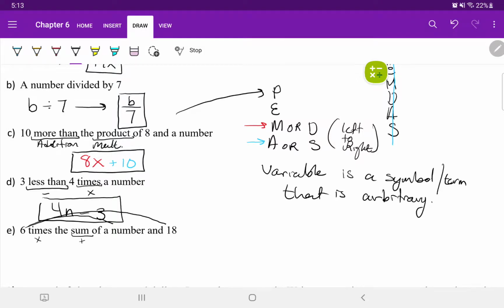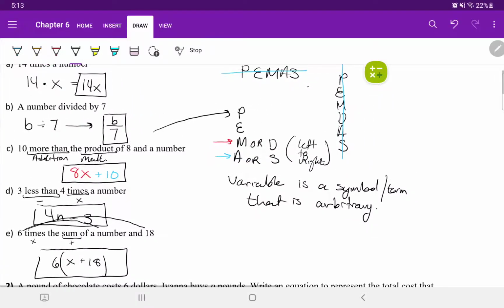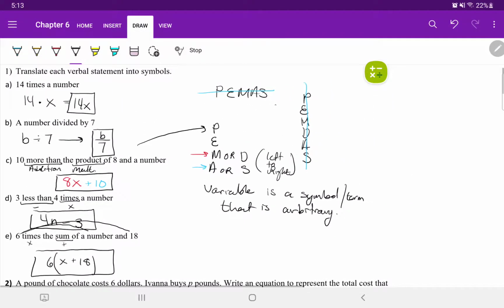That means the 6 is affecting both of those, which means I'm going to write it as 6 in parentheses, some number, which is going to be x plus 18. This is 6 times the sum of a number and 18. So that is how we translate our verbal statement into symbols. And these are algebraic expressions.